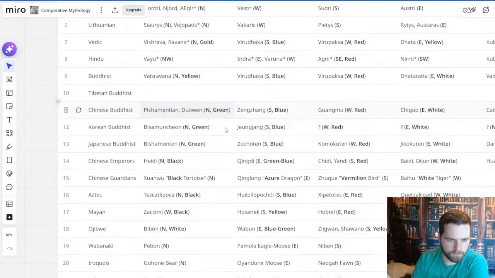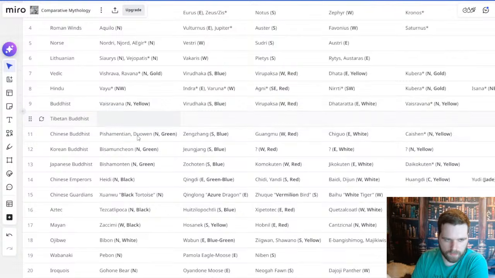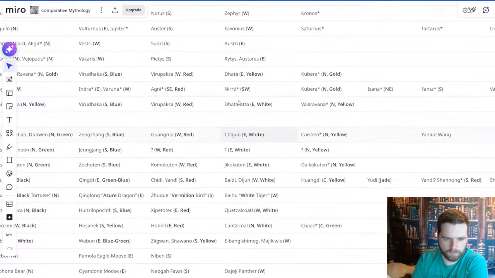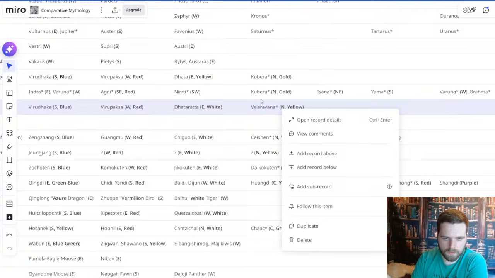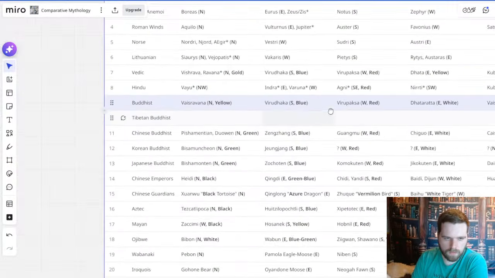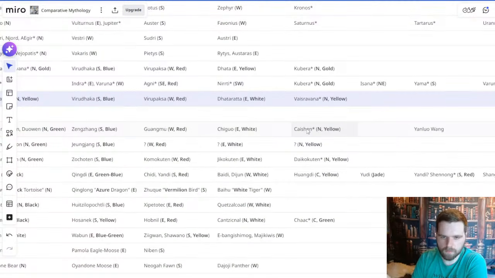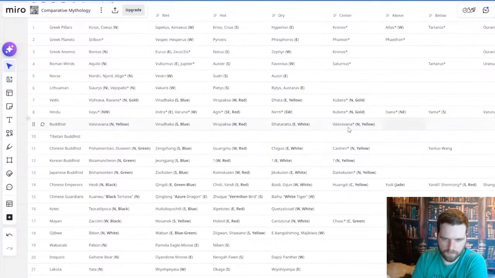For the Chinese Buddhist, there's a lot of direct and indirect translations of the Buddhist deities that we just talked about. So Vaisravana becomes Pishamontian and Duowen. Virudhaka becomes Zhang Zhang. Virupaksa becomes Guangmu. Dhritarashtra becomes Chi Guo. And Vaisravana, which I already covered. Because Pishamontian, but there's actually another deity in China, Kaishen, that overlaps more with themes of Kubera.